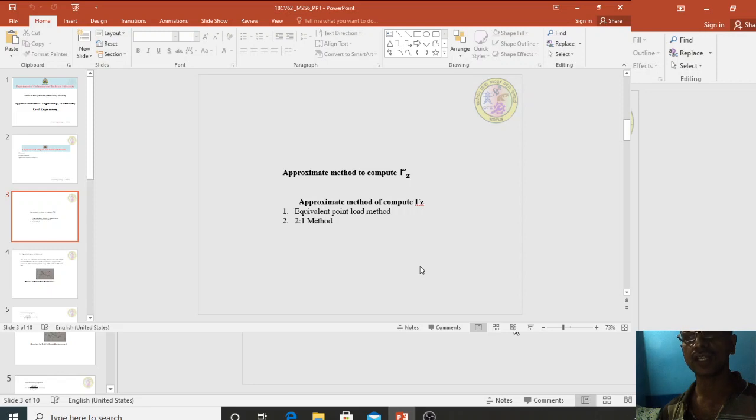One is called the equivalent point load method. Another one is called the 2:1 method.